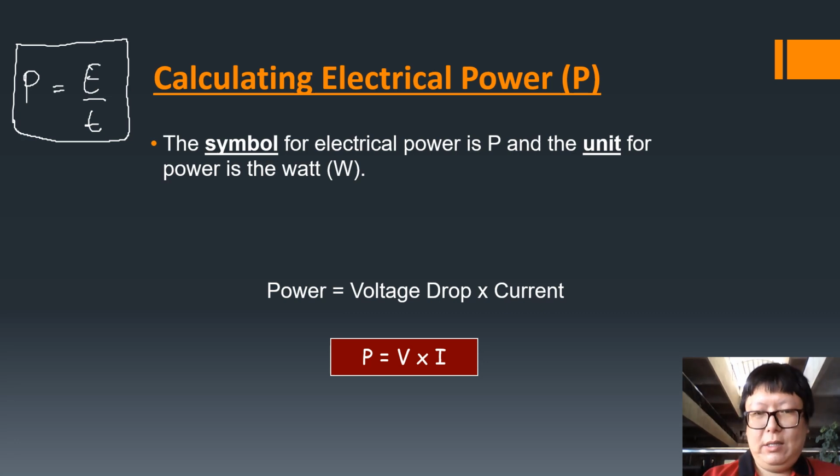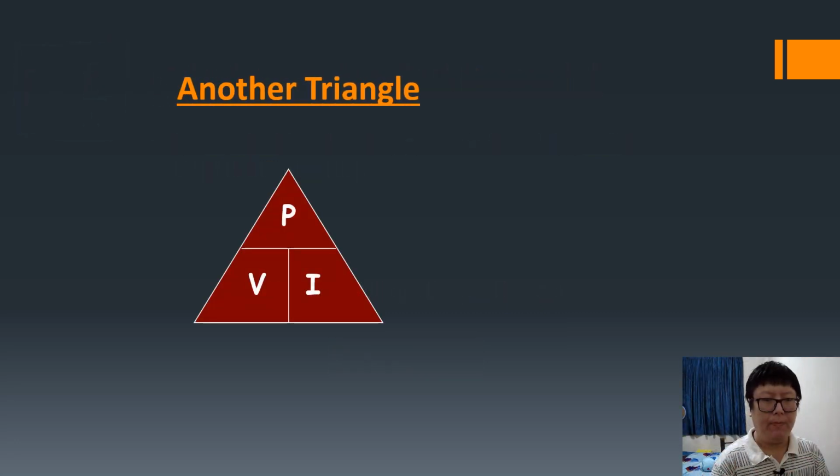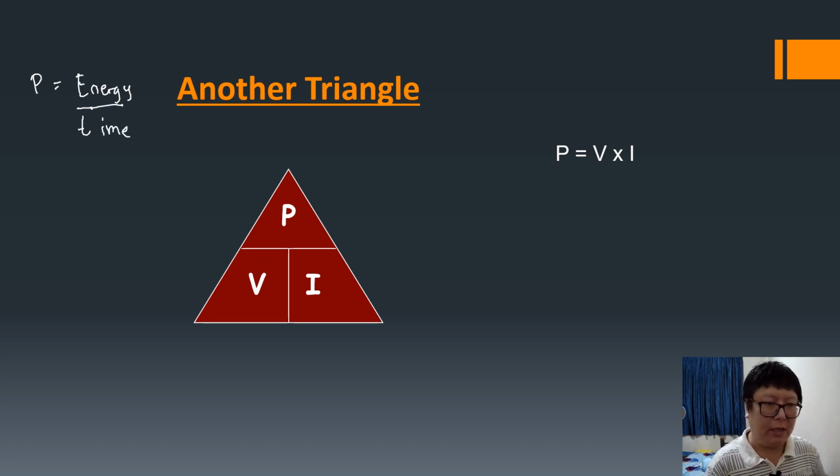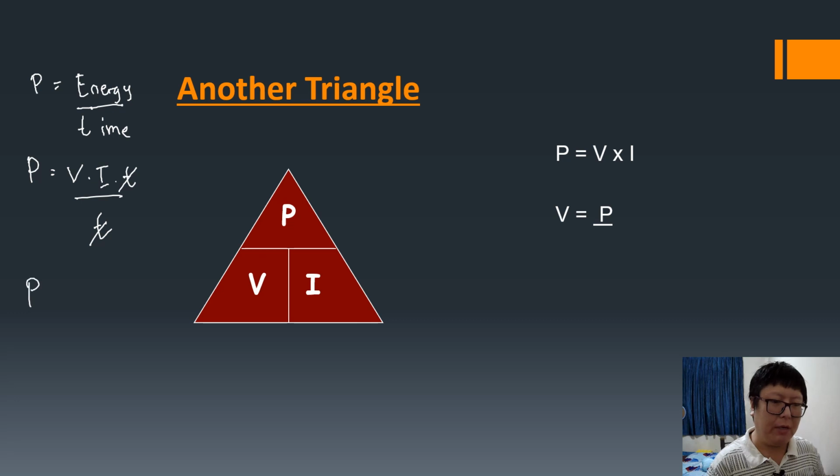Because power is equal to energy per time, and the energy formula is V times I times T, over time, you can cancel the time, so you get the power is V times I.